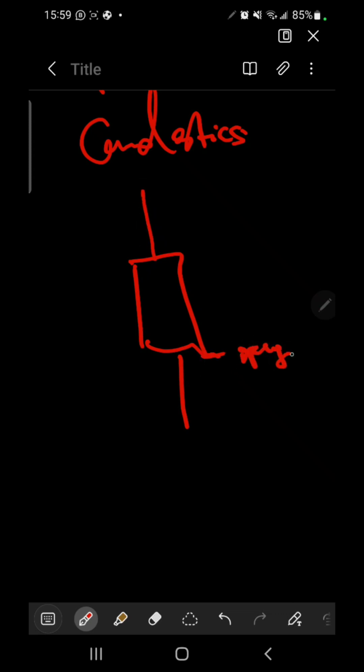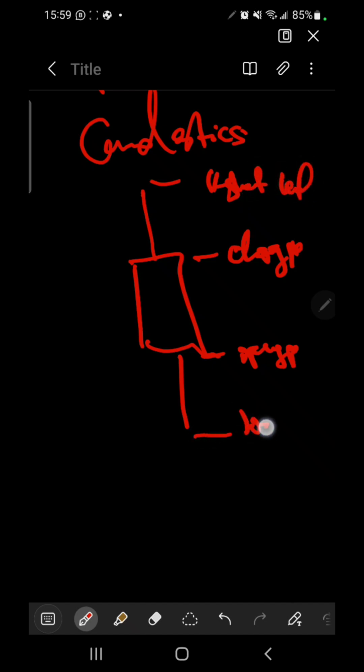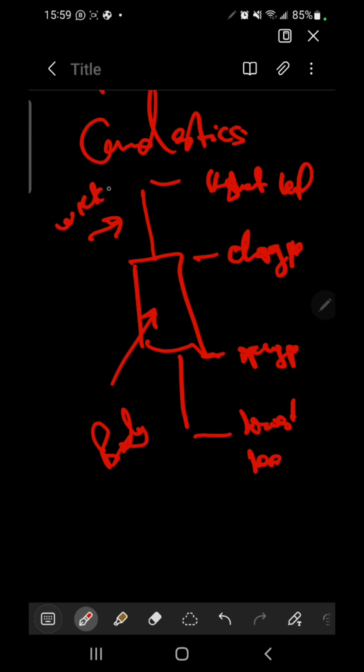Remember, from the candlesticks, whenever we have the market coming in, let's say we have an opening price and the closing price is above there, and then of course this would be the highest level, and this one will be the lowest level, and this is going to be the body, and these are wicks.